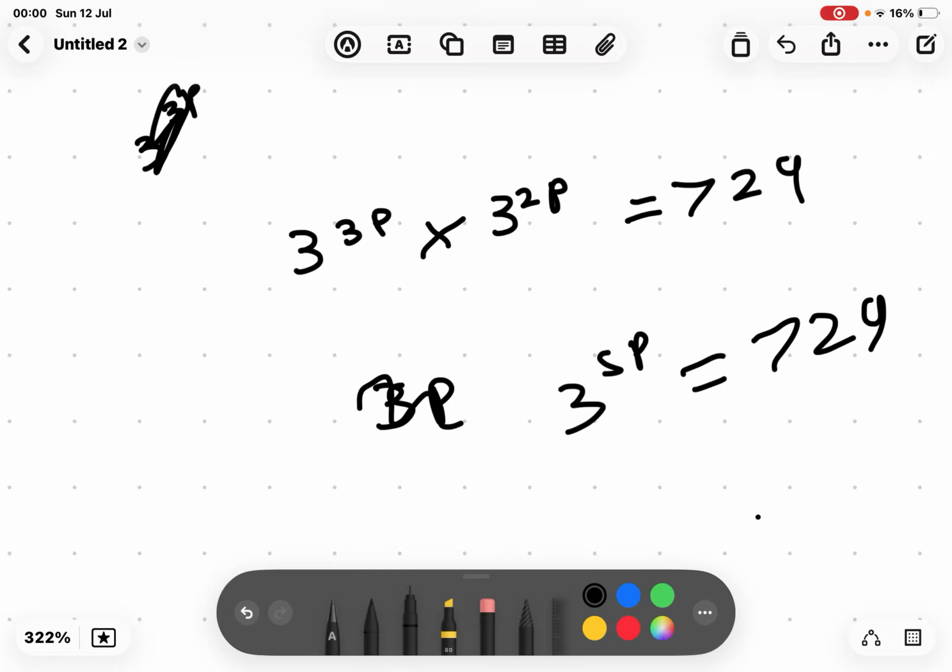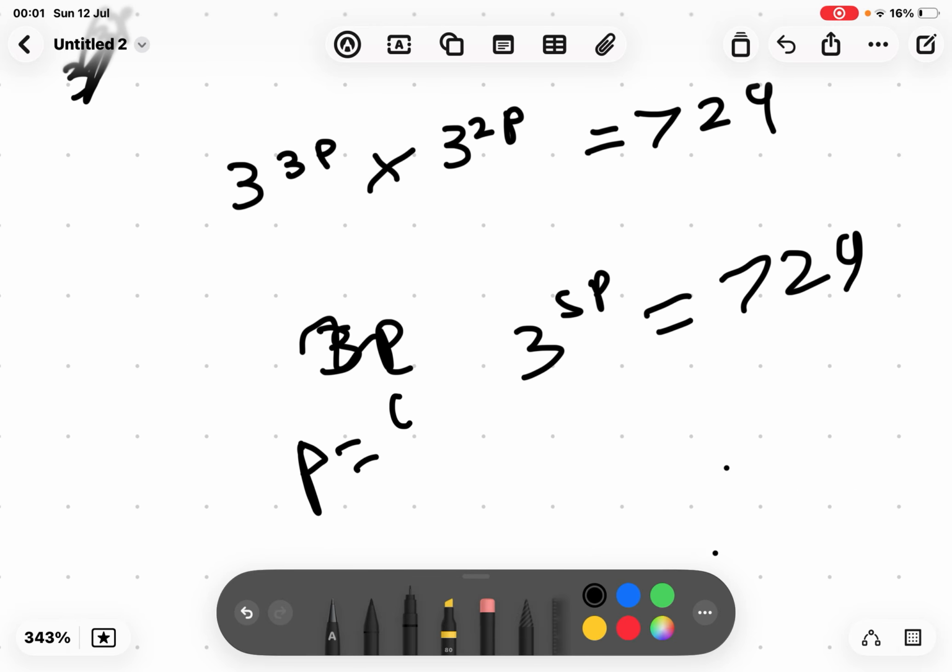Okay, this guy, he somehow got 6. 729 divided by 6. So what the guy said is p equals 6/5.